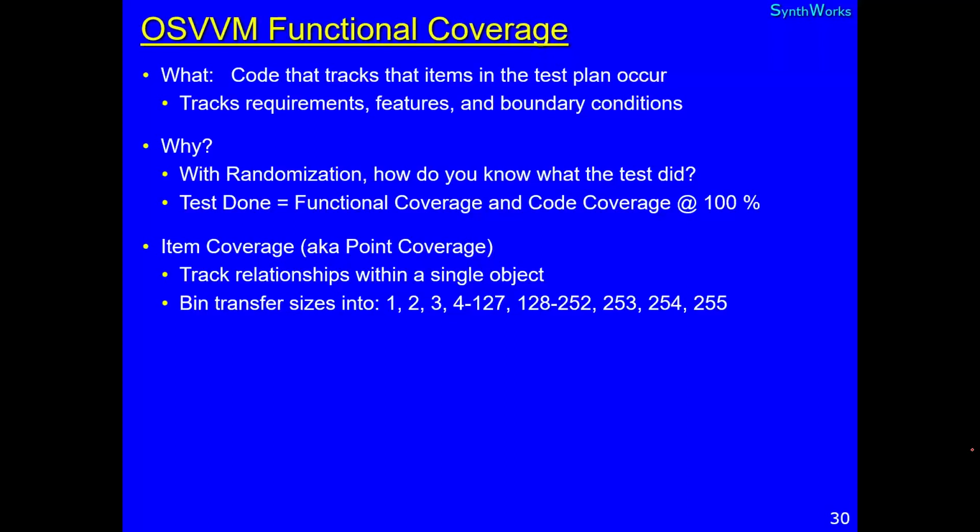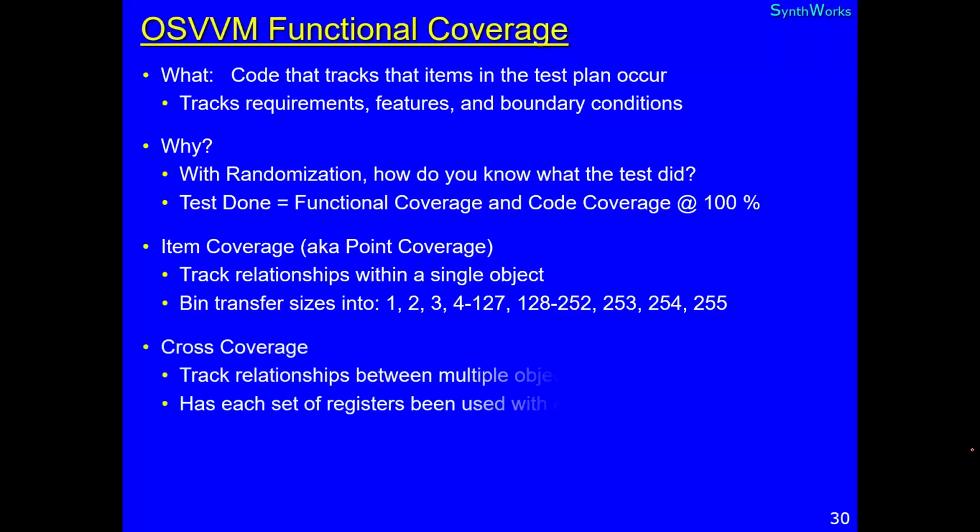And we're going to look for big transfers, 253, 254, 255, at least big relative to this interface. Okay, and then the things in the middle, we're going to kind of aggregate together, maybe in 2 bins, maybe more if you need to, maybe 4 bins or something of that nature. But we're really worried about the endpoints because that's where things tend to break.